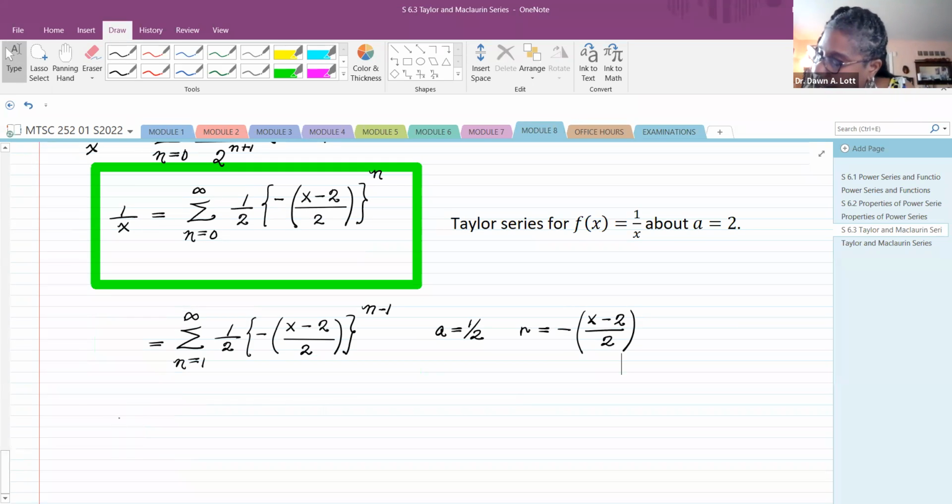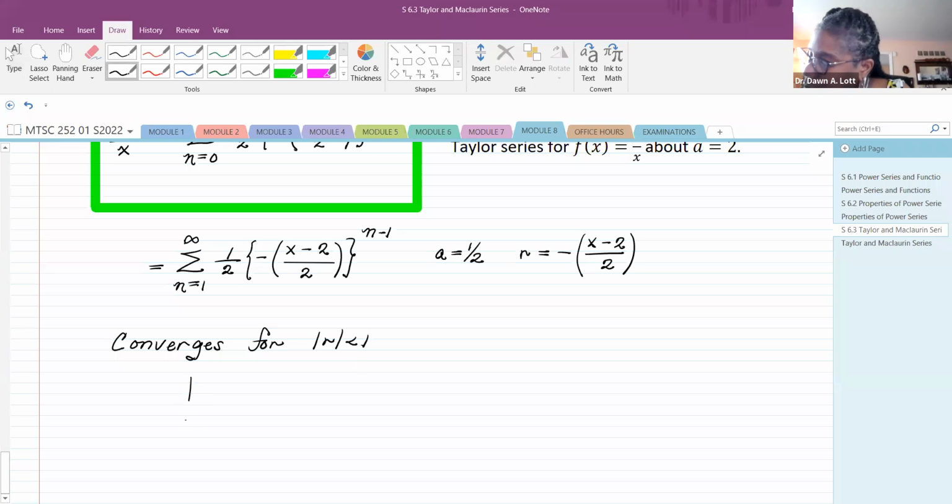So this converges the absolute value of r less than 1. So we get the absolute value of x minus 2 over 2 is less than 1, or the absolute value of x minus 2 is less than 2.